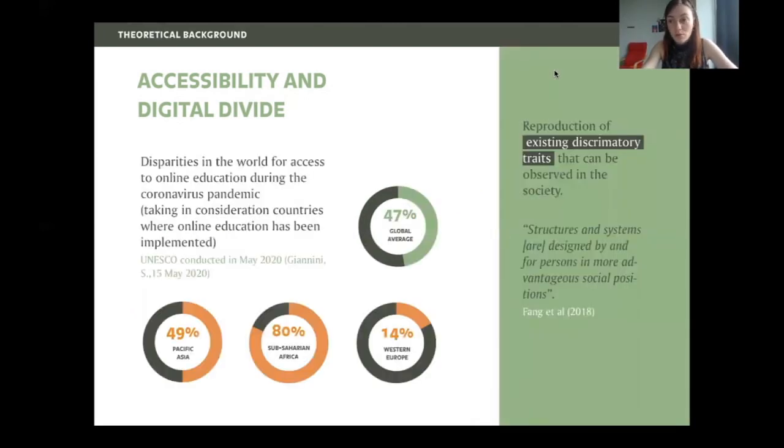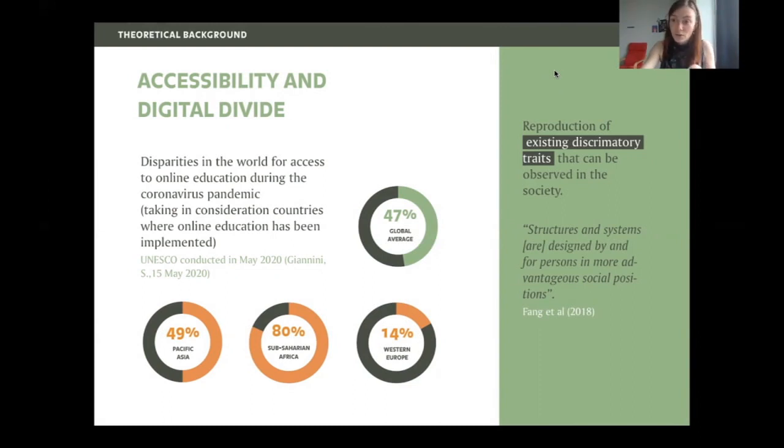There's also what we call the global digital divide, which is the disparities of access to technology at a global scale. Here I'm going to take the example of online education during the coronavirus pandemic, where a study from UNESCO revealed that almost half of the global population in the countries where online education was implemented and mandatory in some way, like there were no alternatives, half of the students couldn't access it.